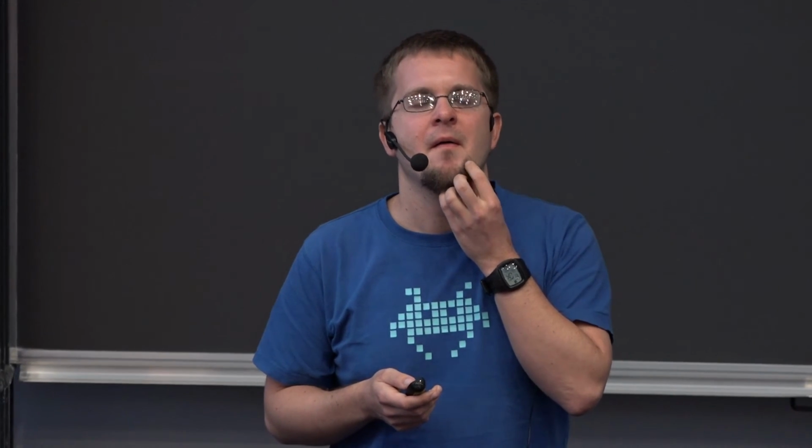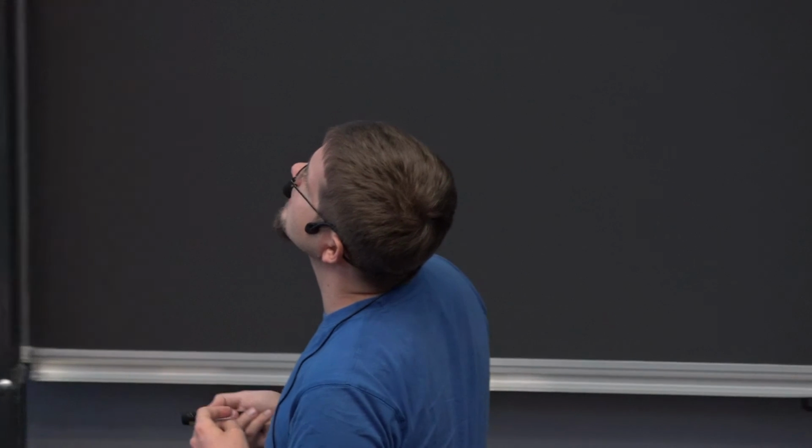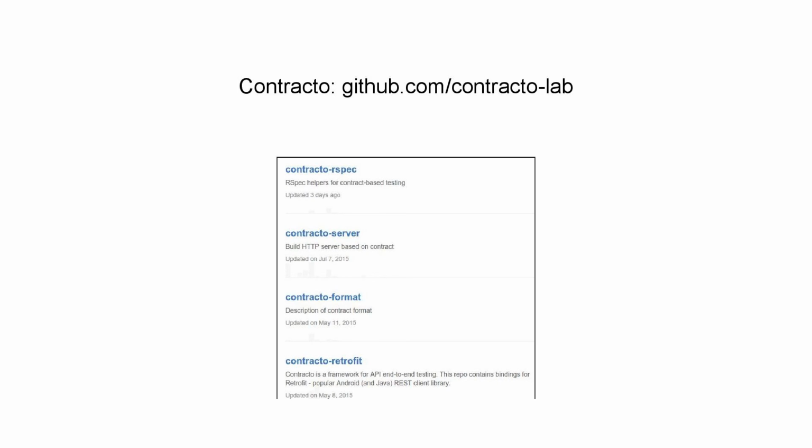You've seen examples of tests for web frontend. I wonder if you know about any solutions that would help to enforce or to notify mobile developers about a contract change. Actually, there is Contracto Retrofit, right? And it is used by Android developers, I mean my colleagues, Android developers.